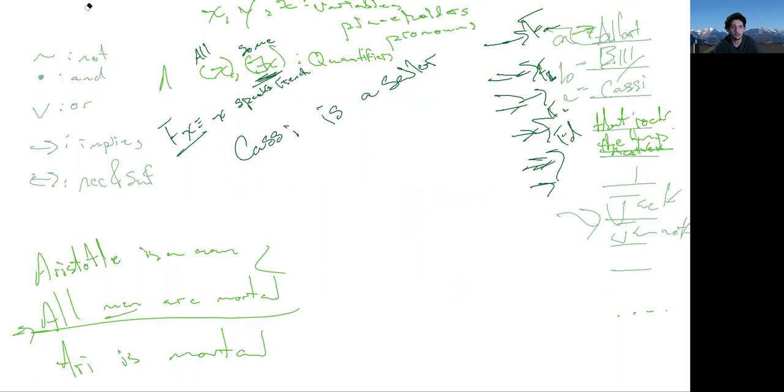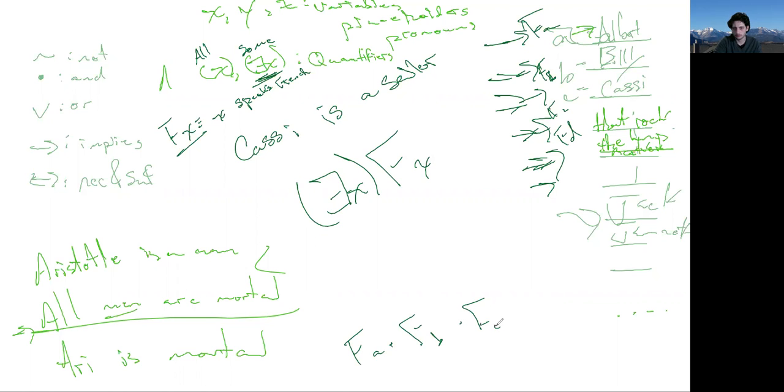That's for all. On the other hand, if we want to know about a sentence like there exists an x such that x speaks French, well, I shouldn't have erased this. That's how many people we want, right?